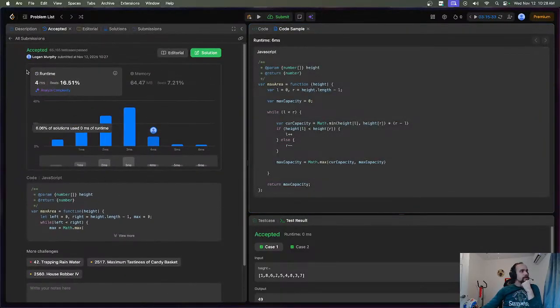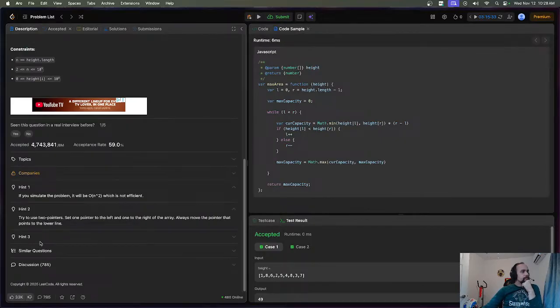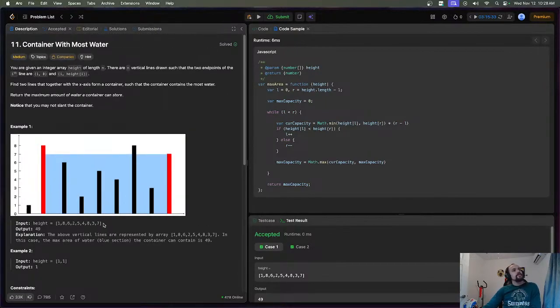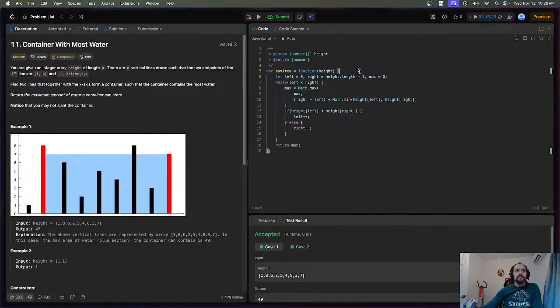Okay, so what was the third hint? Second hint was more helpful. But with this new code, it is big O of n, which is surprising to me.